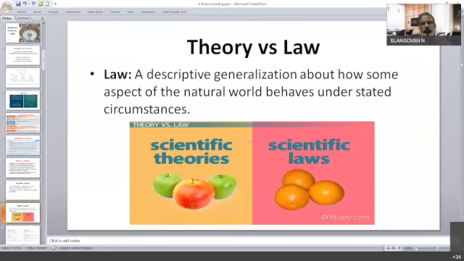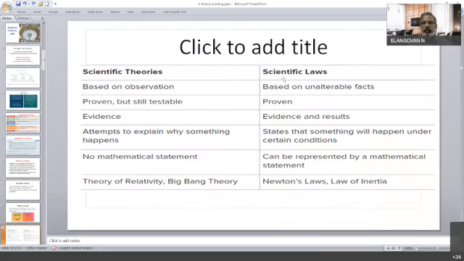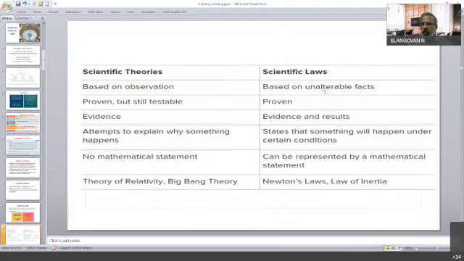So the difference between a theory and a law: a law is a descriptive generalization about how some aspects of the natural world behave under stated circumstances. A scientific law is based on unalterable facts, so it doesn't change.